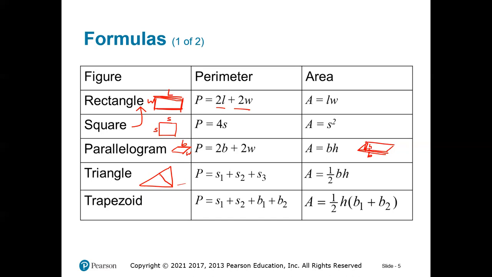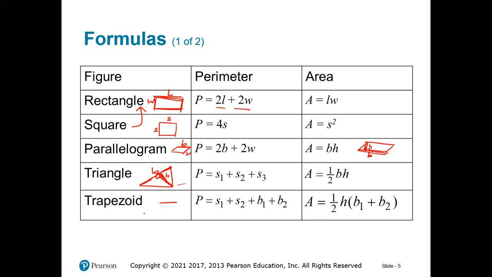If you have here H and this is B, from one of the vertices of the triangle, you make a 90 degree angle, you project that onto the opposite side of the triangle. So what's the area? It's half times the base. So this is going to be the base, and this is the height that goes with it. So half B times H.